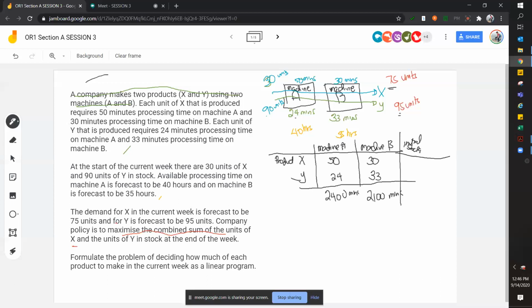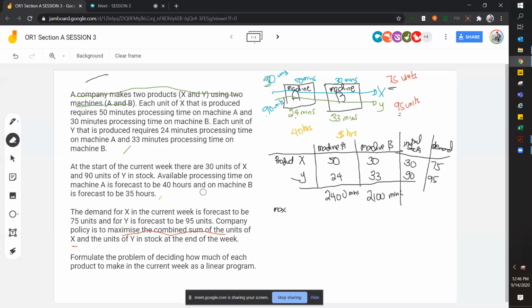Initial stocks: 30 and 90. And then we have demand: 75 and 95. So our goal is to maximize ito.